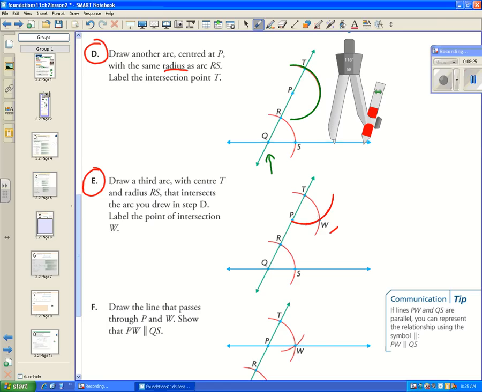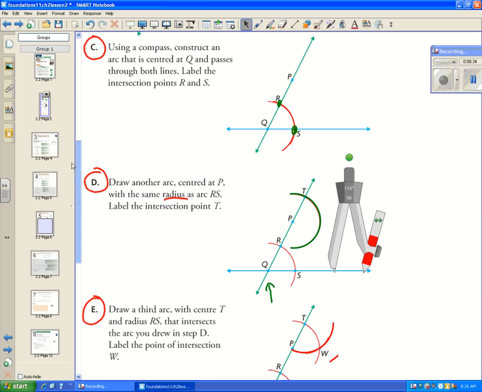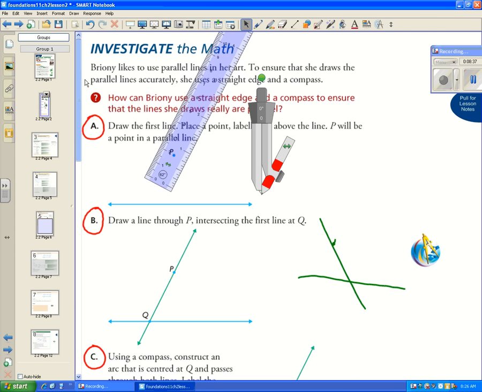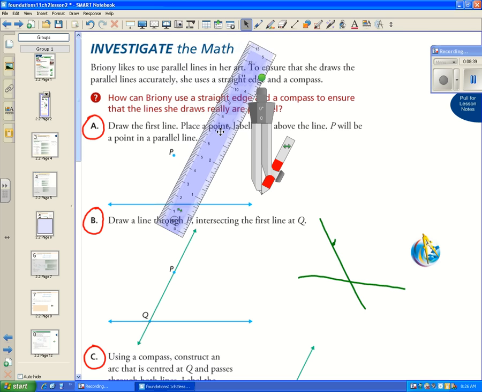Now we're going to draw a line that passes through P and W, and we're going to show that PW is parallel to QS. So to draw a line, we will need a ruler. I think I had a ruler up here.